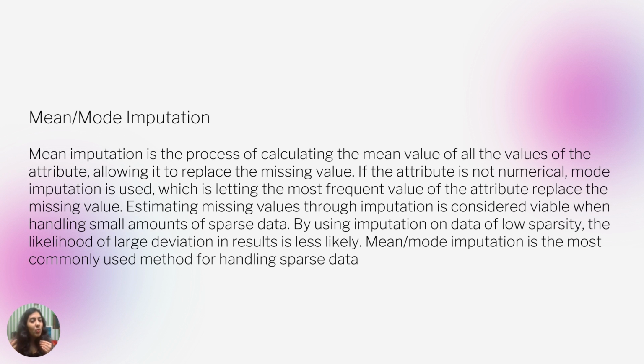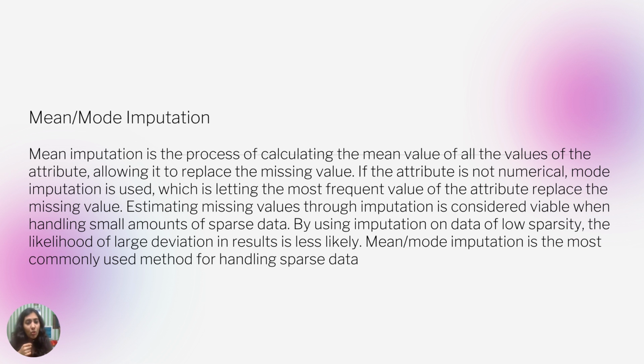Secondly, mean, median, mode imputation. Mean imputation is the process of calculating the mean value of all the values of an attribute, allowing it to replace the missing value. If the attribute is not numerical, mode imputation is used, which is letting the most frequent value of the attribute replace the missing value.